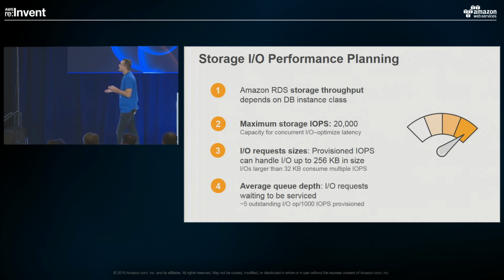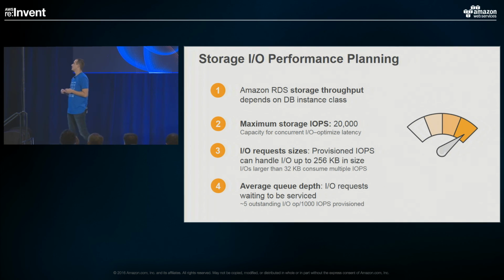So one thing, I/O requests for provisioned IOPS can handle up to 256 kilobytes in I/O size, but they're measured at 32 KB, and everything above that will be represented as multiple I/O operations.